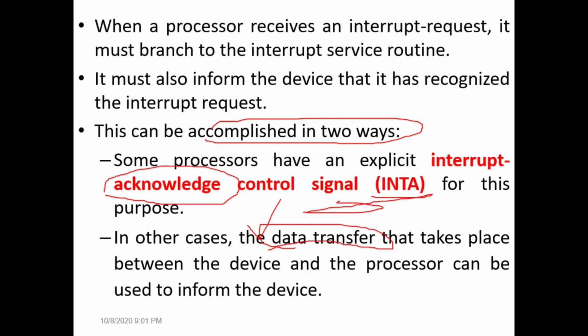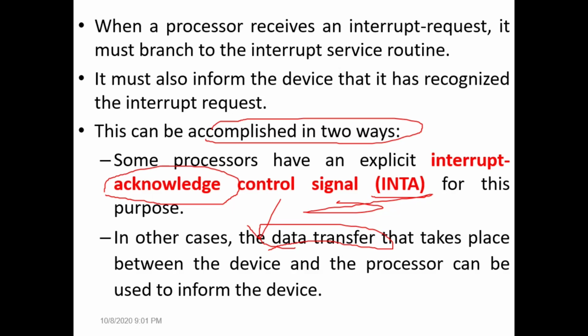So when the keyboard interrupts the processor, the processor executes the interrupt service routine and starts transferring data from the keyboard. At the time when data transfer starts, the keyboard comes to know that the interrupt has been executed or is under execution. So there will be no separate acknowledgement sent to the keyboard. Similarly, when an output device interrupts the processor to request data, the processor executes its interrupt service routine, which means the processor transfers data to the output device.